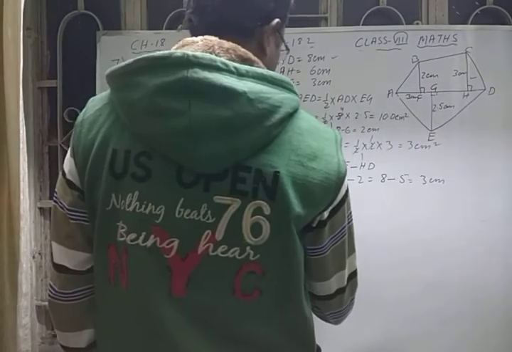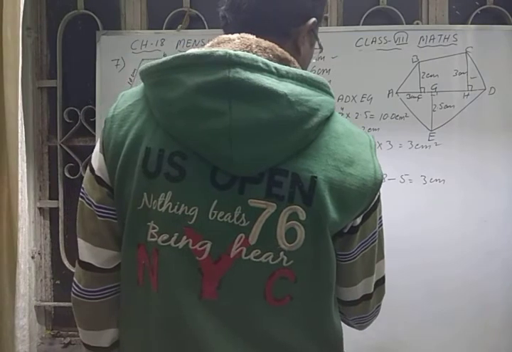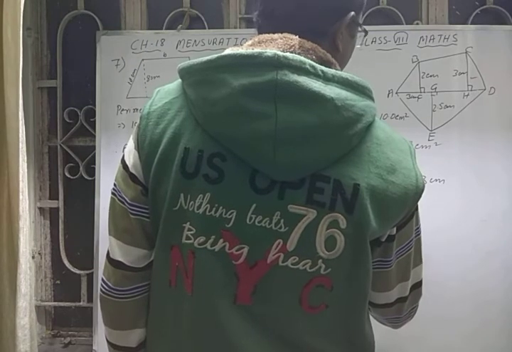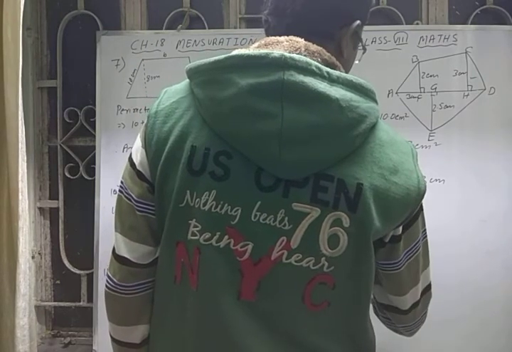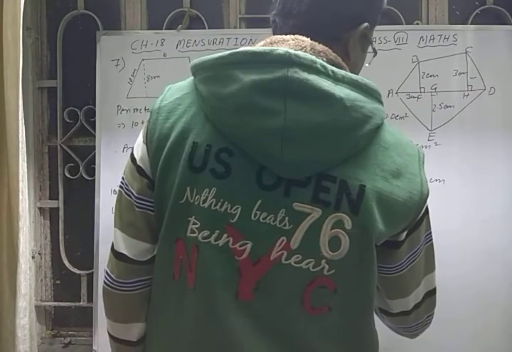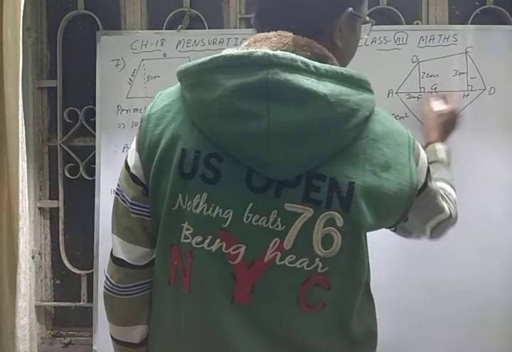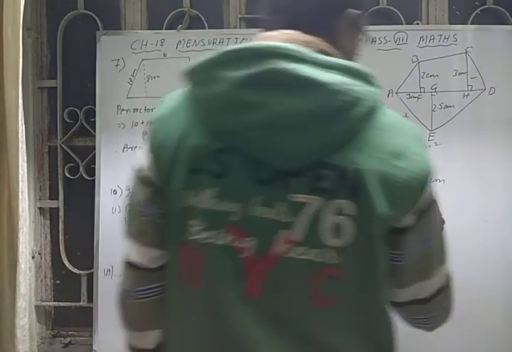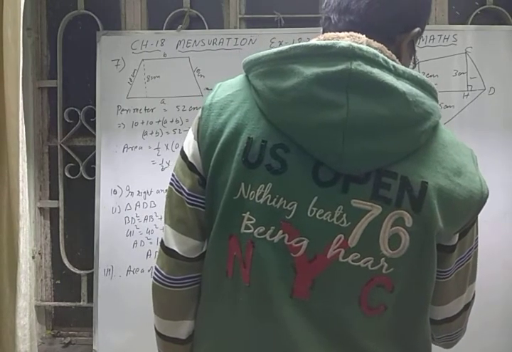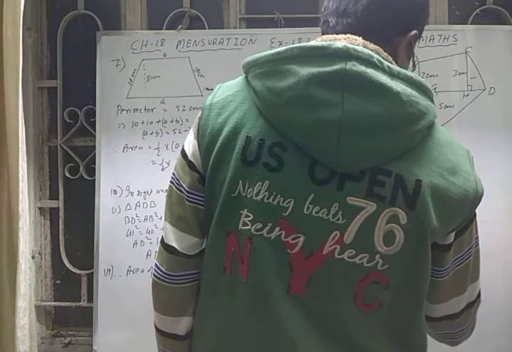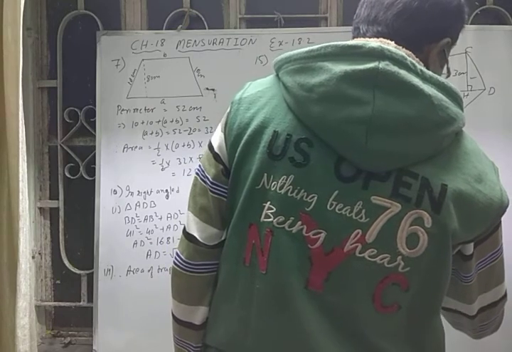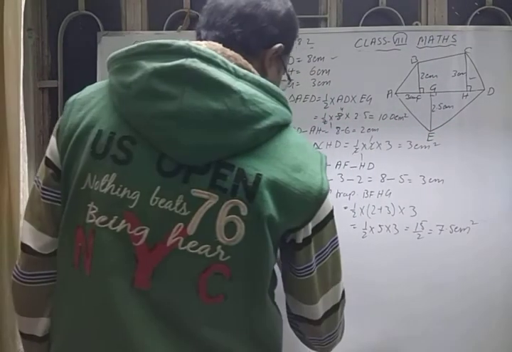Now area of trapezium BFHC is equal to half into sum of the parallel sides, that is 2 centimeter and 3 centimeter, means 2 plus 3, and the height we have got 3 centimeter, so it is 3. So that is half into 5 into 3, so 15 by 2, that is equal to 7.5 centimeter square.